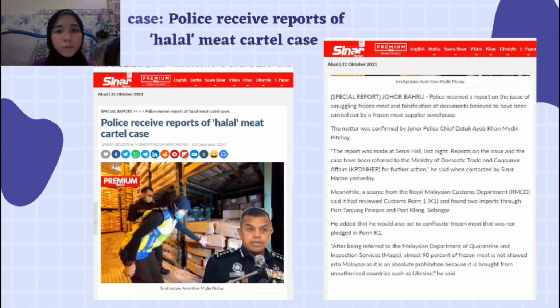Meanwhile, a source from the Royal Malaysian Customs Department said it had reviewed Customs Form K1 and found two imports through Port Tanjung Pelepas and Port Klang, Selangor. Besides that, the frozen meat would be confiscated if it was not placed in Form K1.